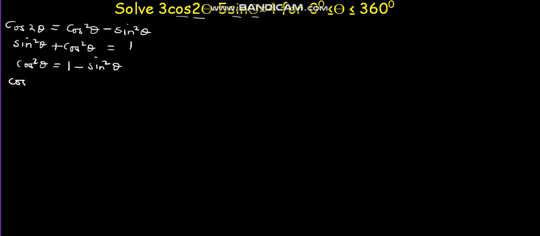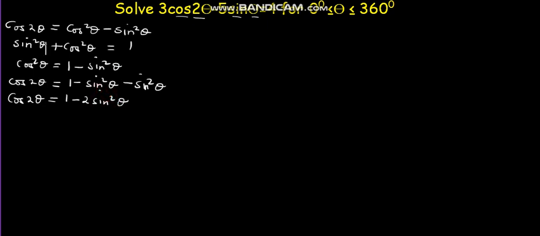So cos 2 theta will be equal to, where there is cos squared theta, we shall replace it with 1 minus sine squared theta. So we shall have cos 2 theta as 1 minus 2 sine squared theta.